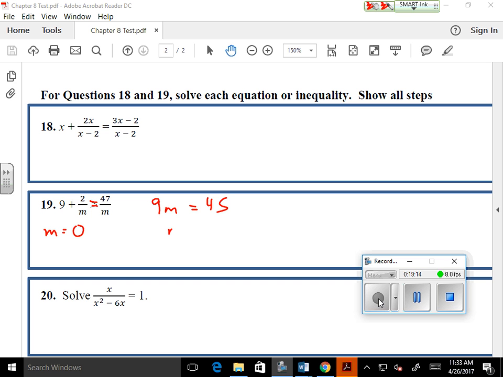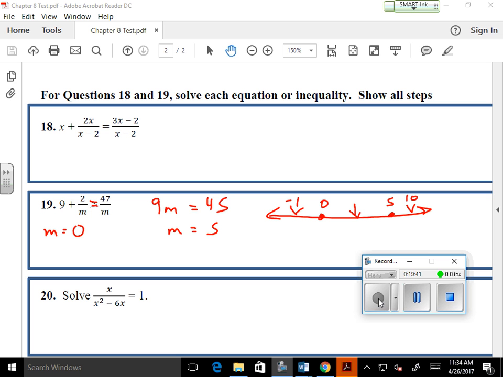So when you divide, m would be 5. So those are the two numbers on the number line that will separate it into 3 different regions, 0 and 5. So we need to test a number within each region. We're going to test -1, we're going to test +1, and we're going to test 10.